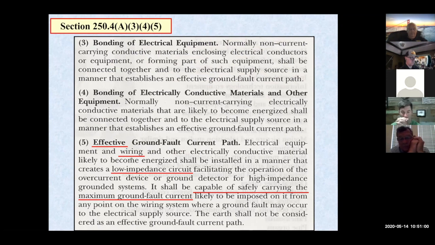Here again, getting that short circuit current back to the breaker, and it says the earth shall not be considered as an effective ground fault current path. I worry about this when our electricians are out there running 14 gauge wire 250 feet through a house or somewhere, and that's the equipment grounding conductor.